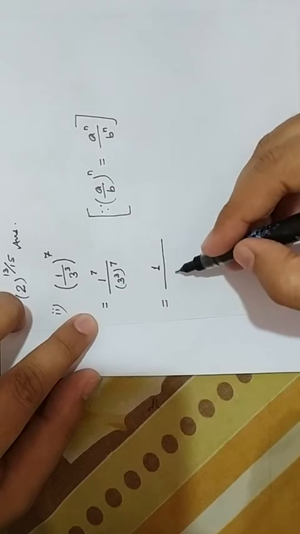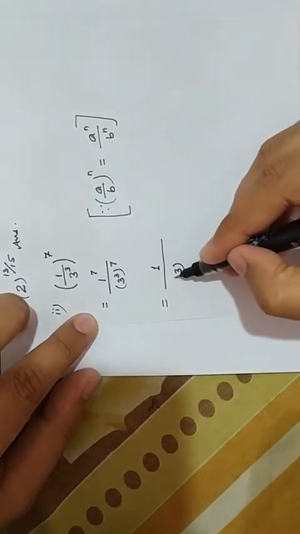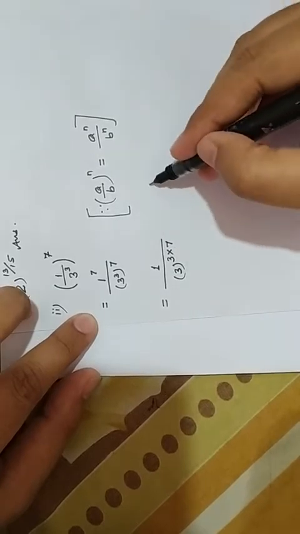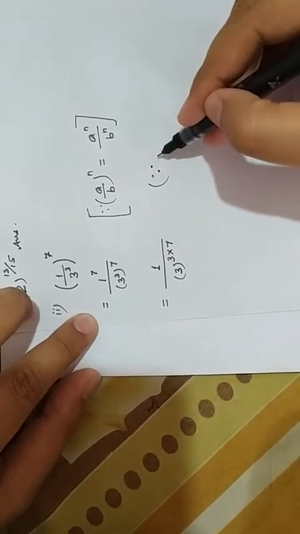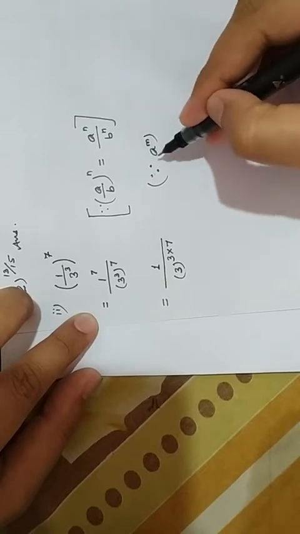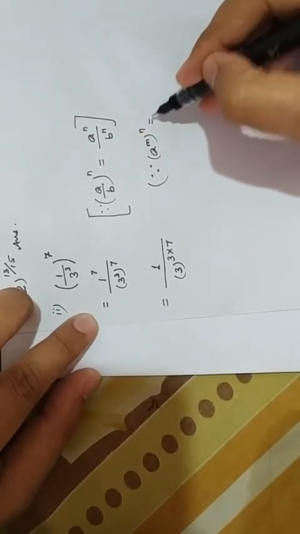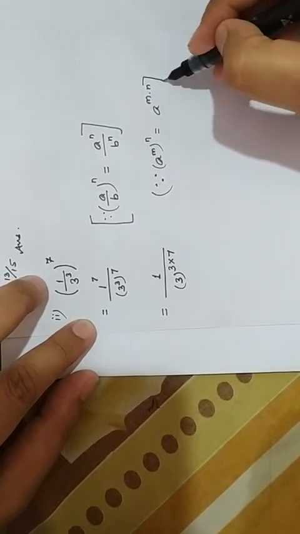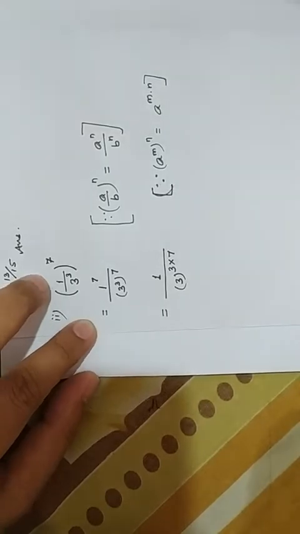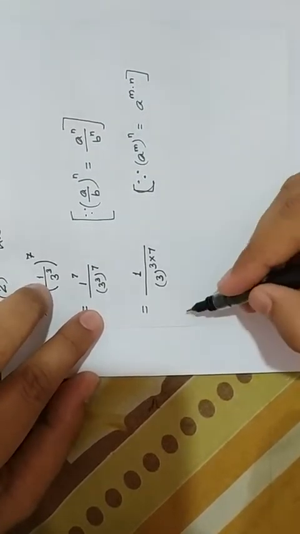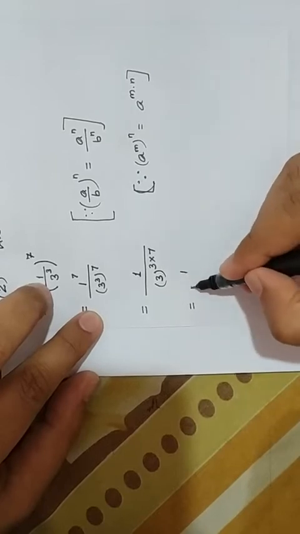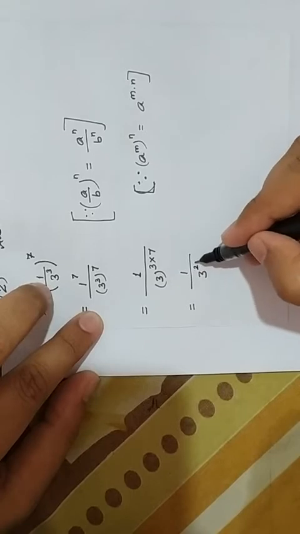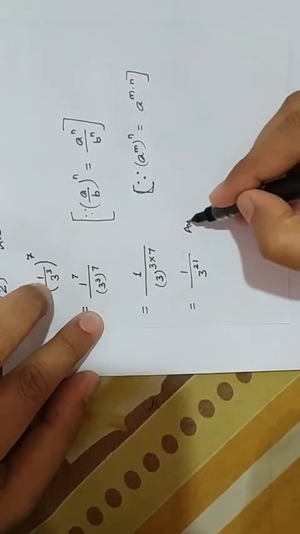So power to the power, so 3 to the power 3 into 7, since a to the power m whole to the power n is equal to a to the power m into n. So by this law we'll get 1 upon 3 to the power 3 sevens are 21. Answer.